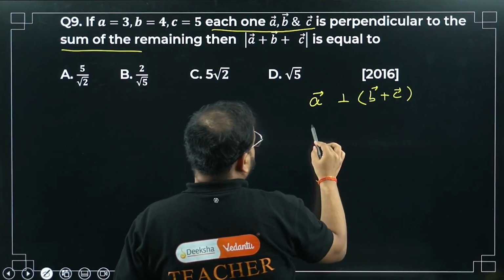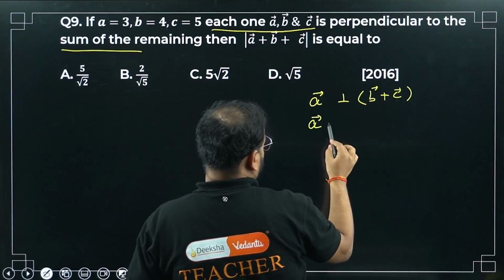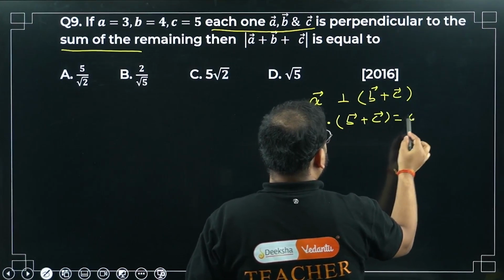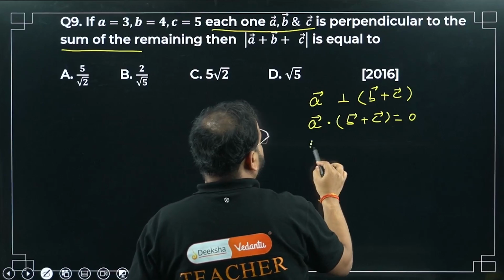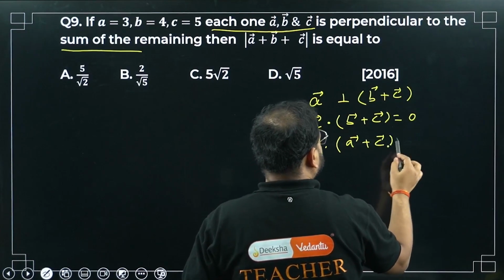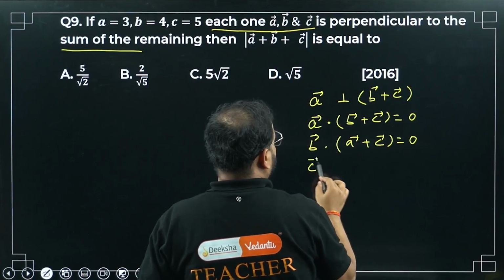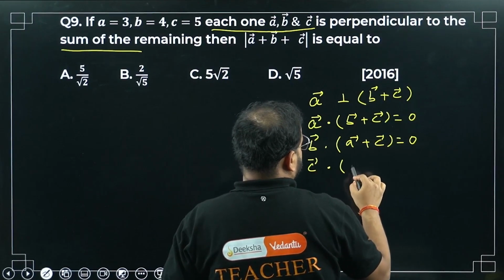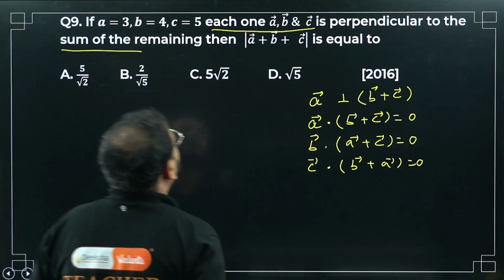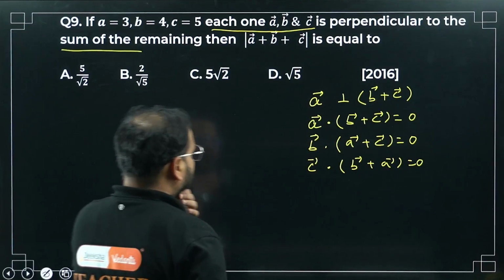What does it mean? It means A dot with B plus C equals to 0. Same way, B dot with A plus C equals to 0, and C dot with B plus A equals to 0. Correct?